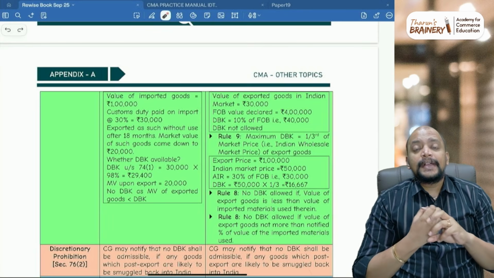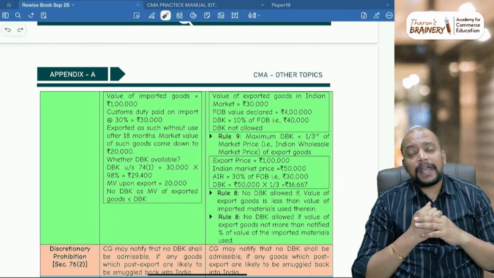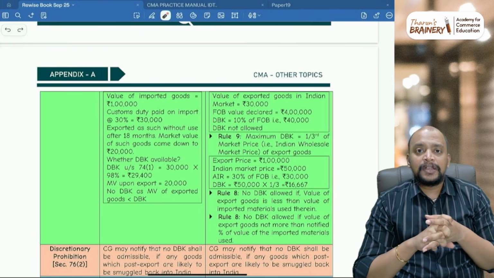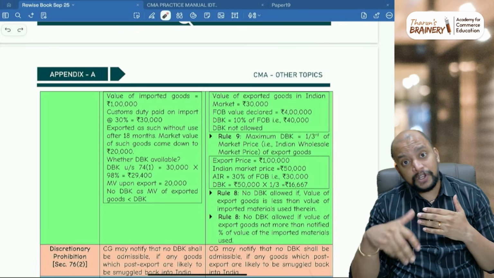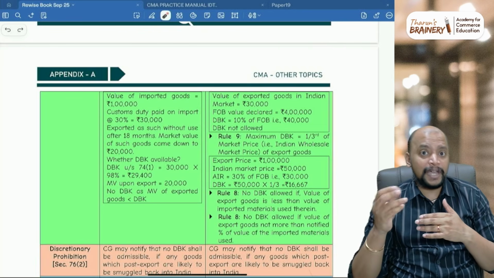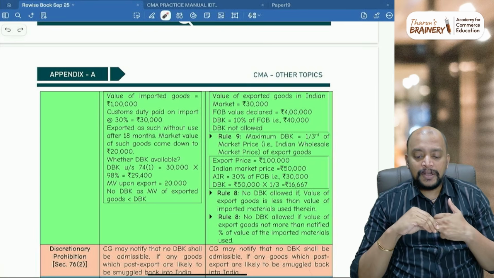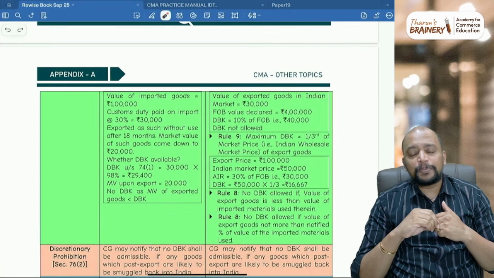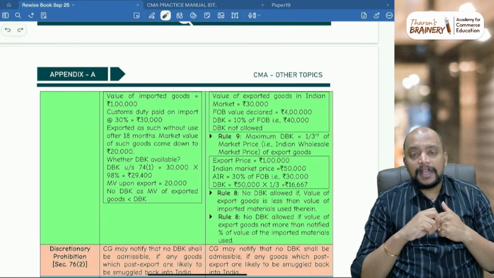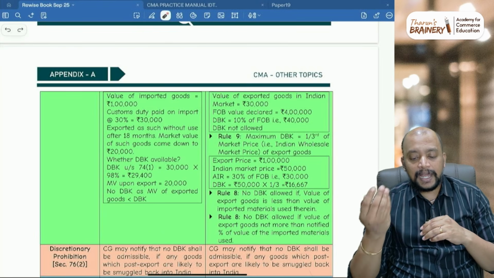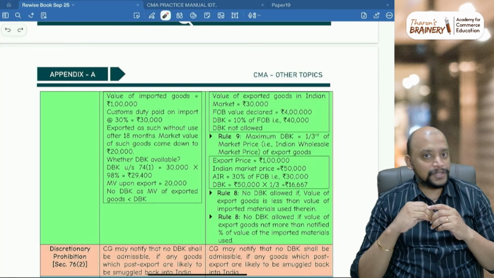Third, the maximum duty drawback is 1/3 of the market value of the exported goods. So this is applicable if the market value of exported goods is more than duty drawback, but the maximum duty drawback is 1/3 of market value. So for example, export price is 1 lakh and Indian market price is 50,000 and all industry rate is 30% of FOB, that is 1 lakh into 30%, 30,000.